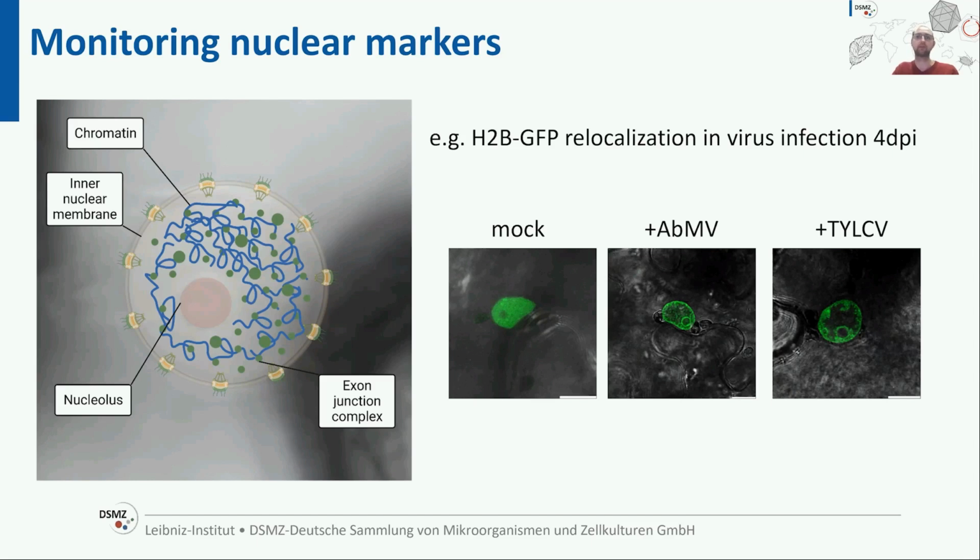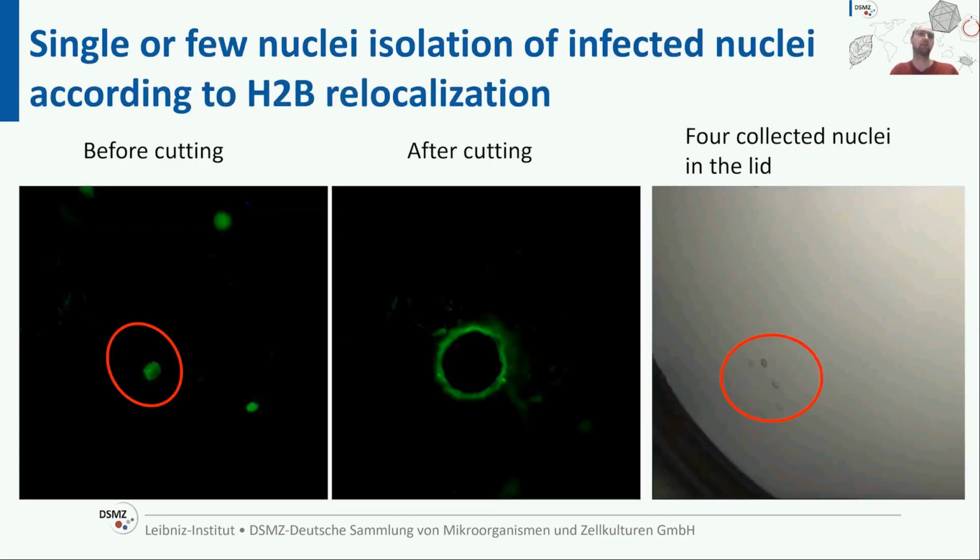And we use this relocalization to localize infected nuclei in peeled epidermal tissue. We can then specifically mark them, cut them out, and collect them, and perform the same analysis that we were using with the ABMV GFP, but for this case, for the wild-type viruses.